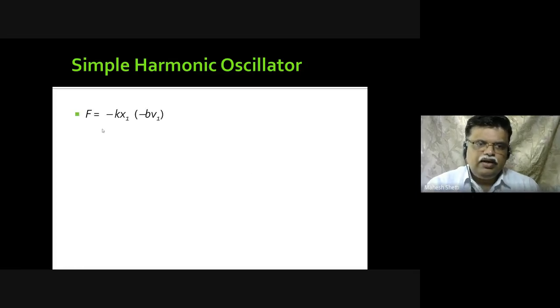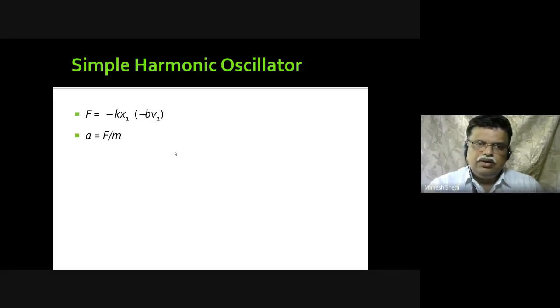Let's go for the case of, say, a simple harmonic oscillator, where a second order differential equation comes into the picture. Let us take a case where the force is minus kx, and there could be a damping term, so the restoring force is also dependent on the velocity of the particle, and b is the damping constant.